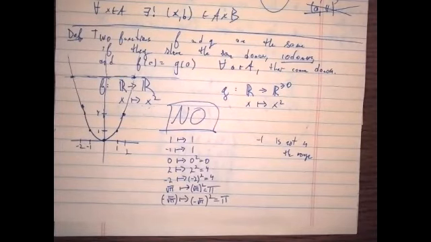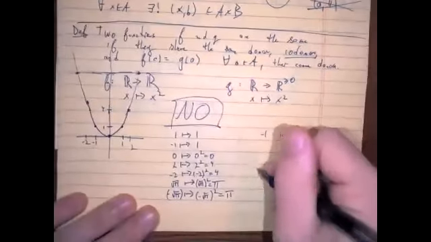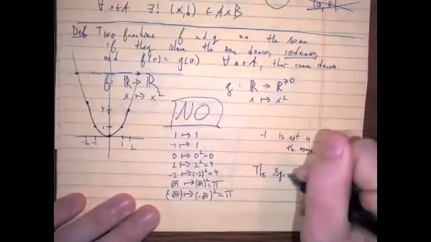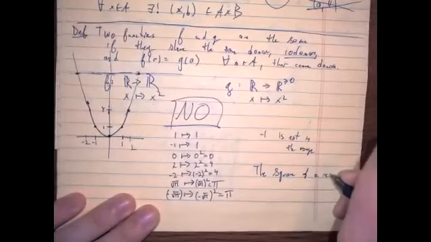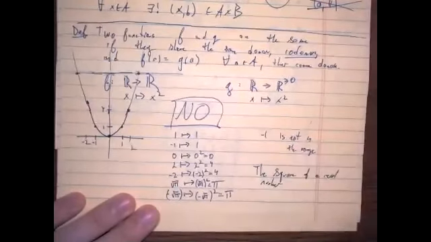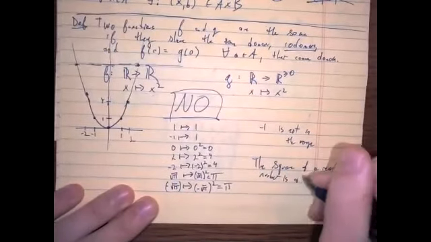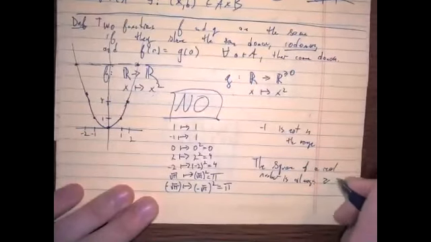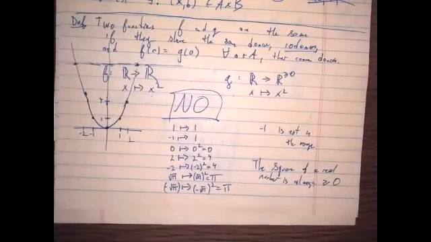The domain is all the reals, and what is the square of a real number? It's positive. It's always greater than or equal to 0. It could be 0, but yes, we think of them as positive numbers. Exactly.